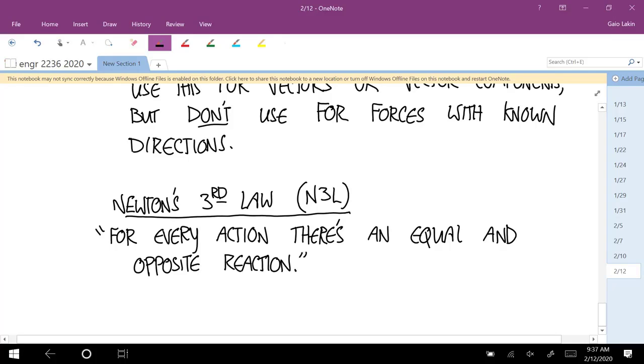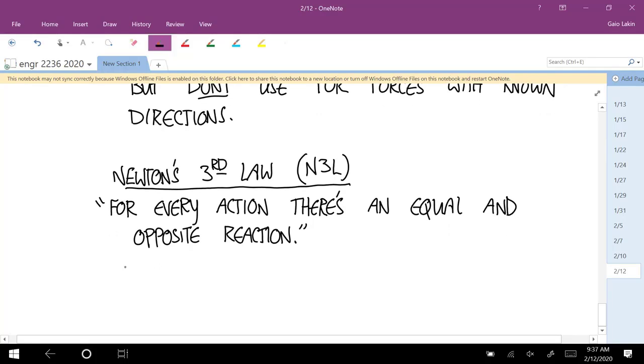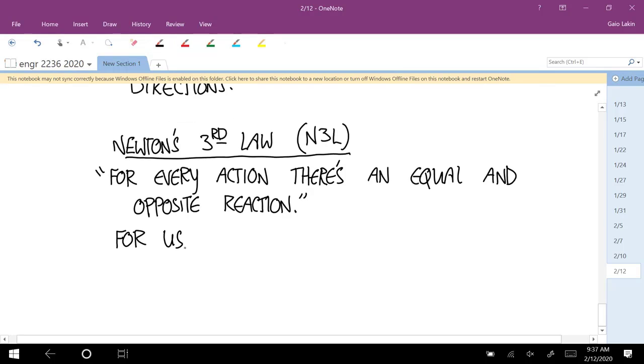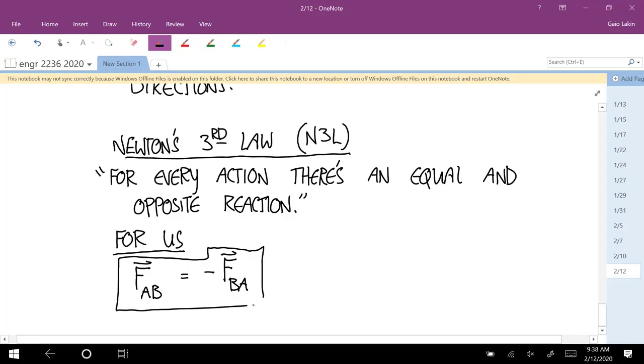But with that wording, it's pretty hard to use this law in a careful mathematical way. So for us, we can just think of the meaning this way. The force on body A by body B is negative the force on body B by body A. So if you switch the subscripts, you have to switch the signs. Okay. That's the benefit of that double subscript notation.